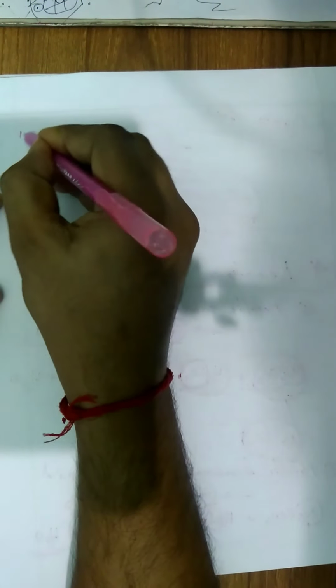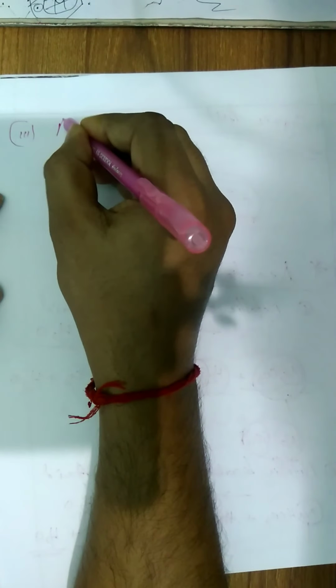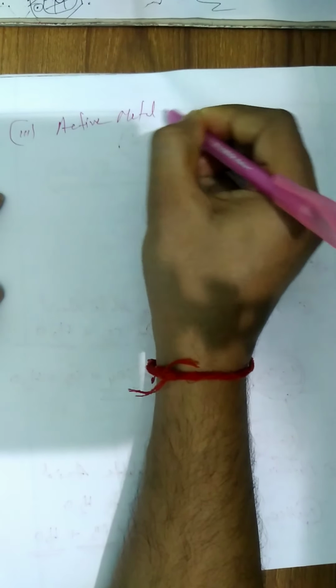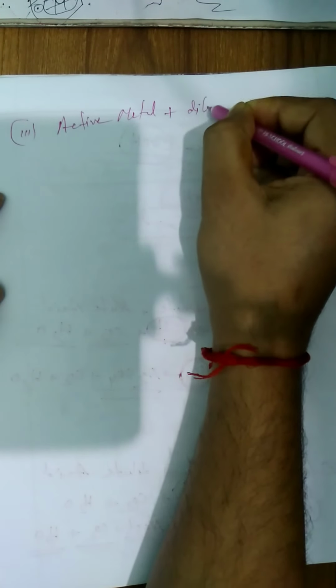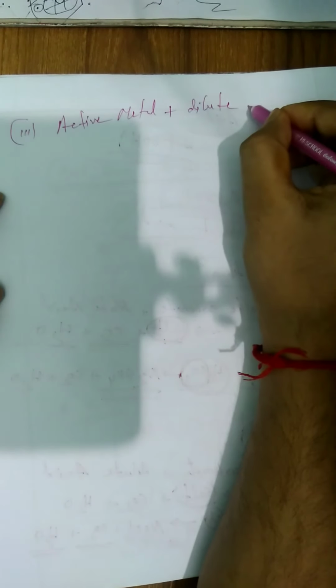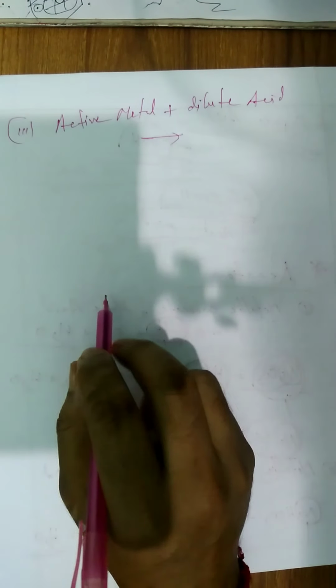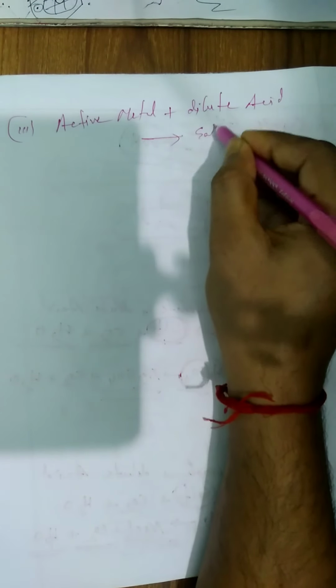Now third rule, active metal plus dilute acid gives salt plus H2 gas.